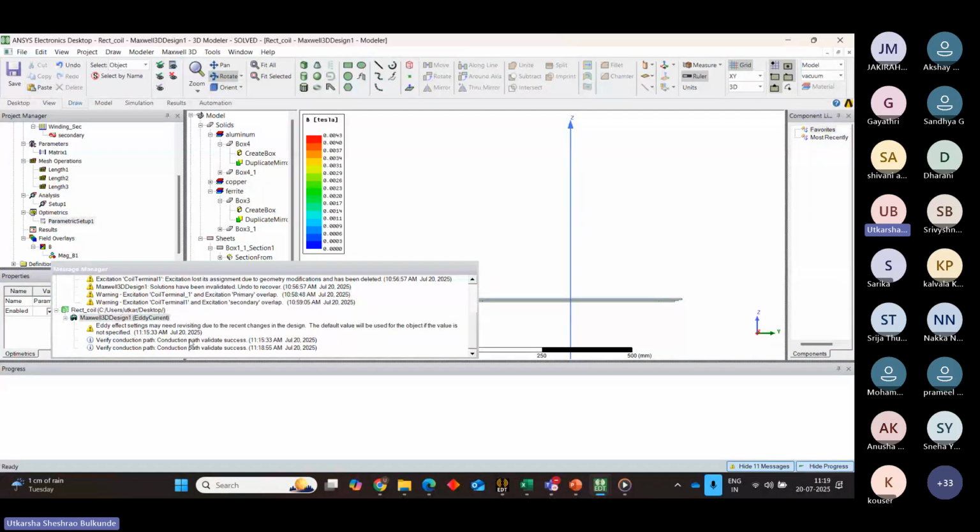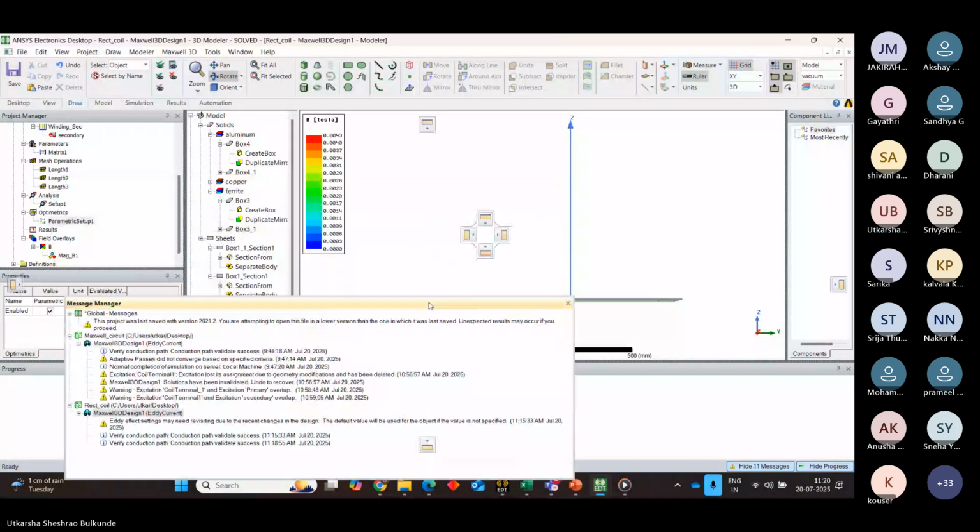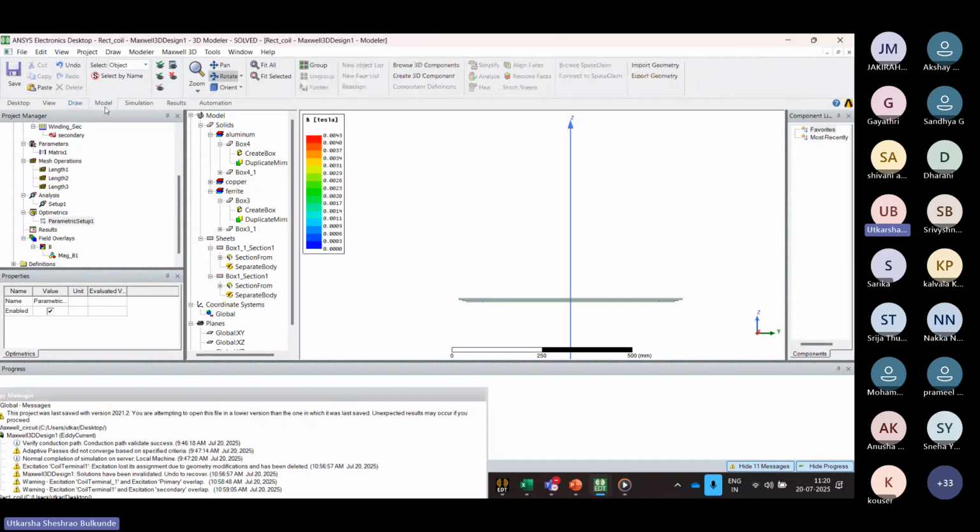Oh, error is also showing. No, no error is showing. What is the issue? We have not got the result.